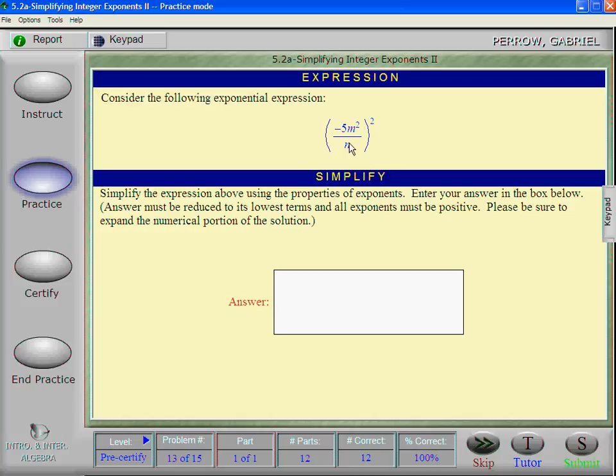And then when you square each piece, you end up with negative 5 times itself in parentheses, even power, that's 25, m, like Michael, to the 4th, and then down bottom, n, like Nancy. Have fun with these words to help describe the letters I'm using. n to the second is what you should have on bottom.